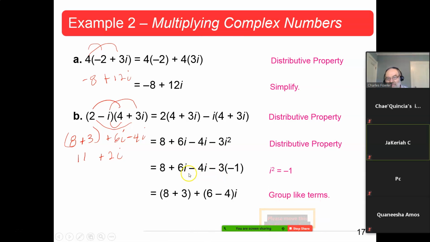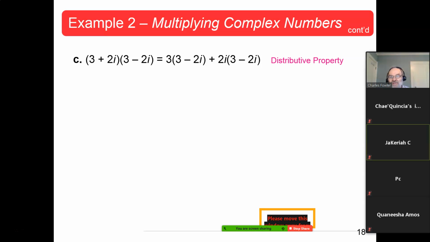Then they grouped their real parts, 8 plus 3 together, and plus 6 minus 4i together, which we did right up here in 2 steps. They did it in 4 steps, and that gives them 11 plus 2i. Same answer we got. So do it however makes the most sense to you. So there's example 2B, here's C.